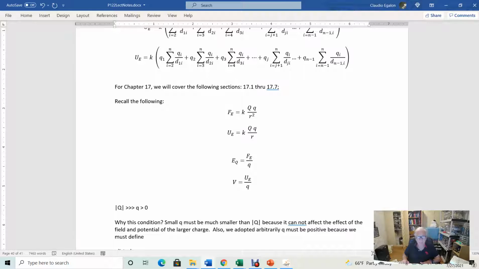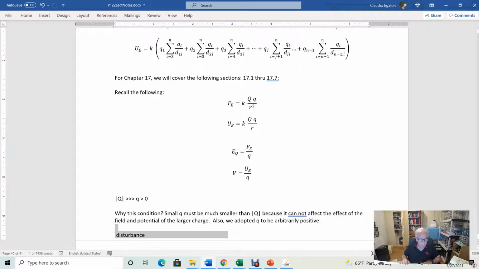We have to decide whether small q has to be positive or negative. If it is negative, the field would be in a different direction. So we arbitrarily adopted small q to be positive. There's no reason for that, we just decided. But for the other condition, there is a very good reason. Why is it much smaller? So it doesn't affect the field of the big Q charge.